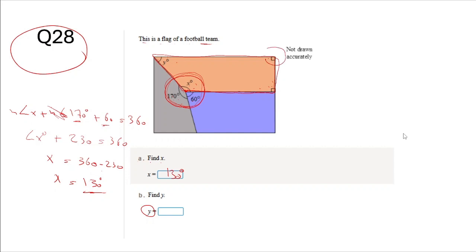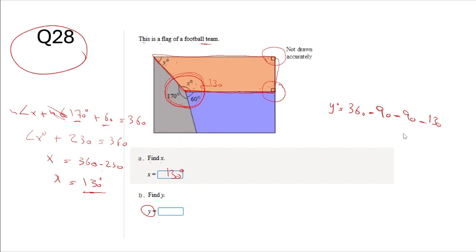This one is a right angle, and this one is a right angle, and I get this one, which is 130, so I will get y. So angle y will be equal to 360 minus 90, right angle, minus 90, minus 130.